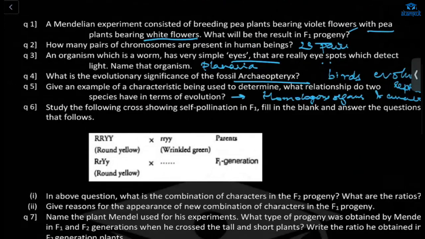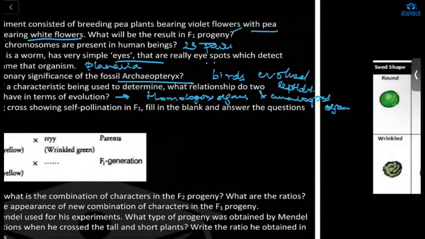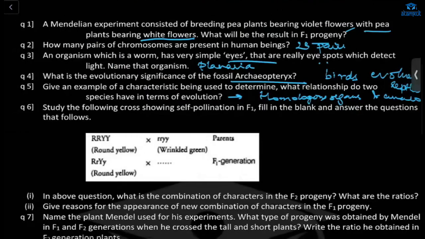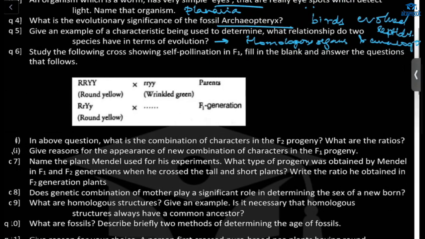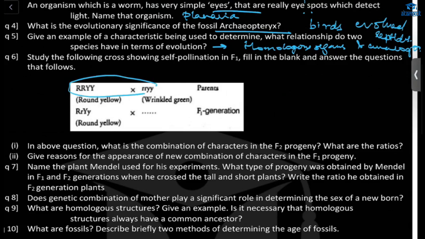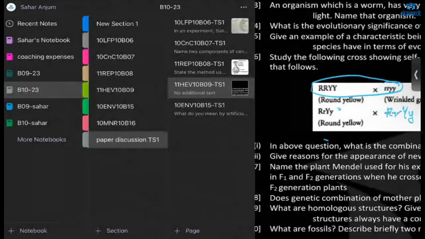Study the following cross showing self-pollination. In F1, fill in the blanks, answer the question. In the above question, what is the combination of characters in the F2 generation? What is the ratio from the parents? This is the F1 generation. In the F2 generation, what will we be getting? 4 combinations, okay? We have already studied this in class, right?